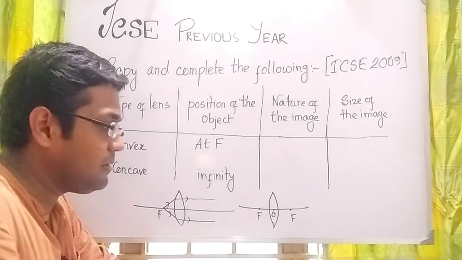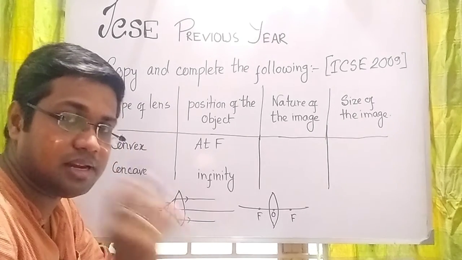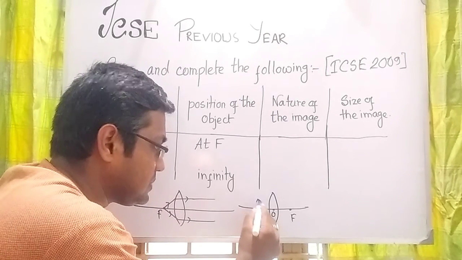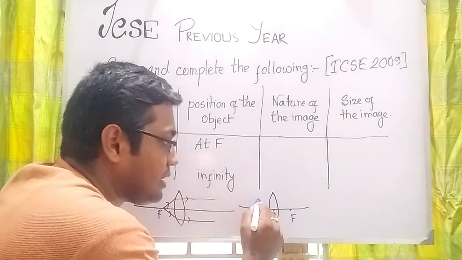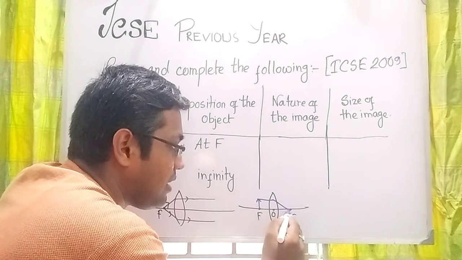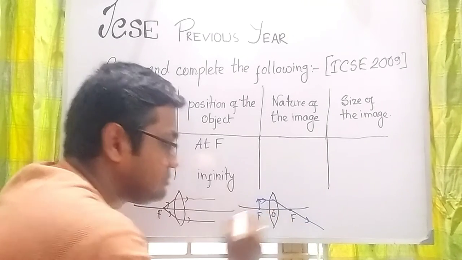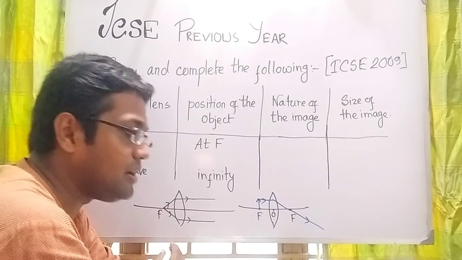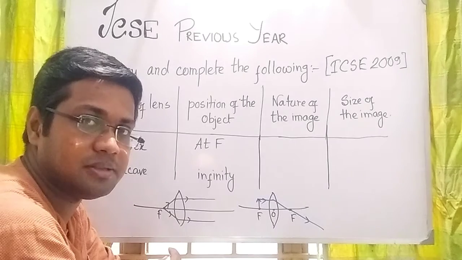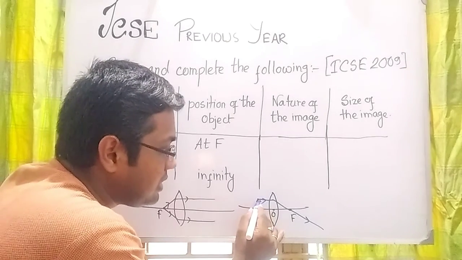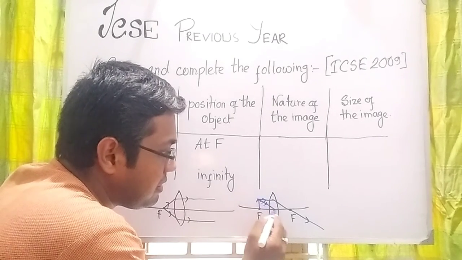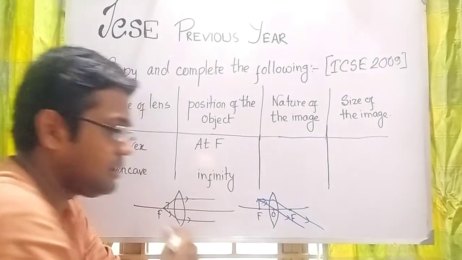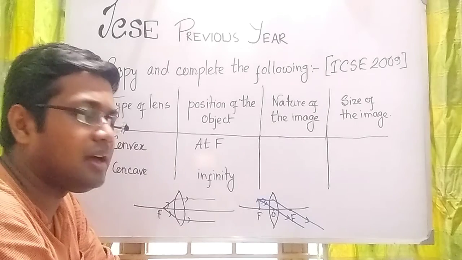So if I place a finite object, that is an object of finite length, somewhere here, the light ray parallel to that of the principal axis after refraction passes through the focus, and another light ray passes through the optical center and moves in an undeviated manner.